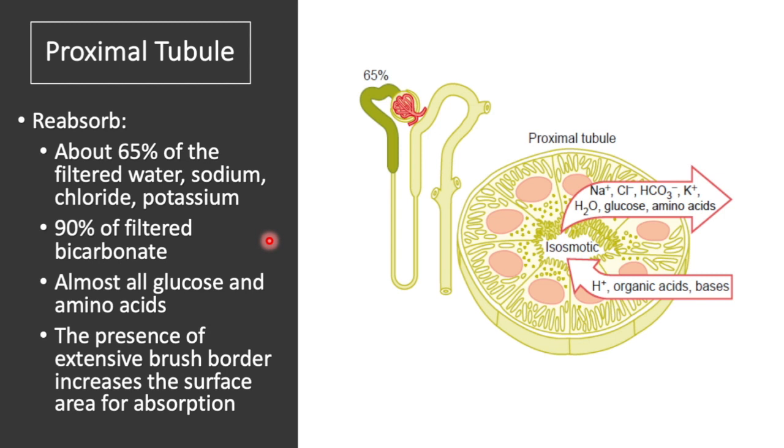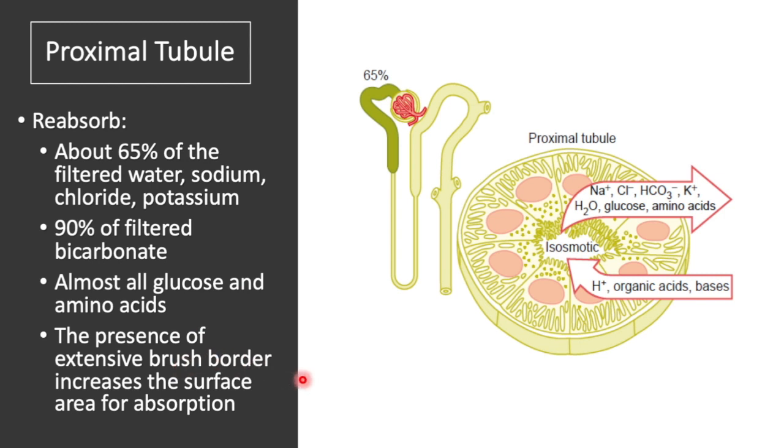Proximal tubule reabsorbs about 65% of the filtered water, sodium, chloride, and potassium. It also absorbs about 90% of filtered bicarbonate, almost all glucose and amino acids. This means that when the filtrate leaves the proximal tubule, it usually does not contain any glucose or amino acids.